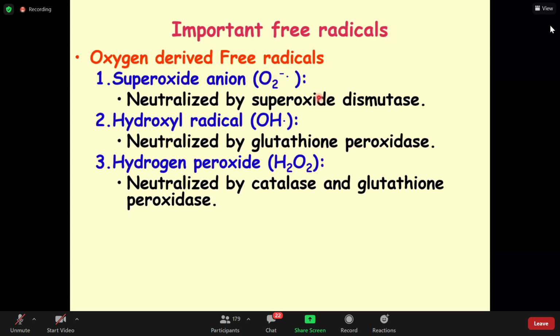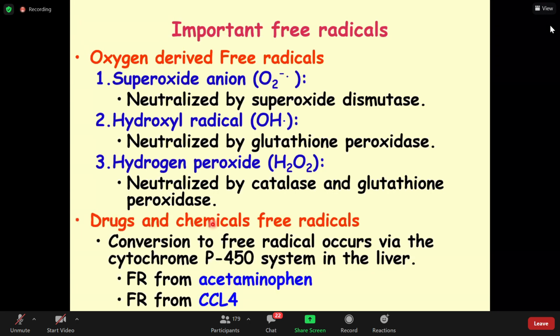And it is usually either specific to that free radical, such as what you see with the dismutase, or it's going to be what you call one size fits all, one system that's going to take care of many types of free radicals.